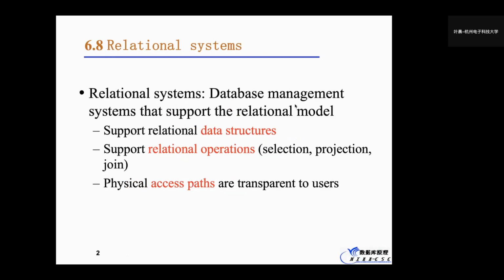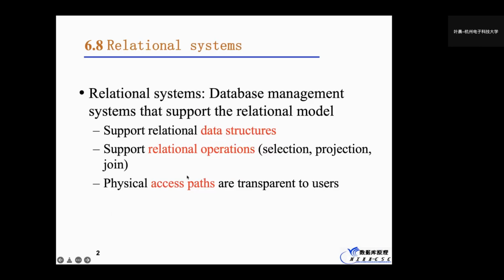It should support the relational operations such as selection, projection, and join. And here the physical access paths are transparent to the users. So it should satisfy all these conditions, and then we can call it a relational system.